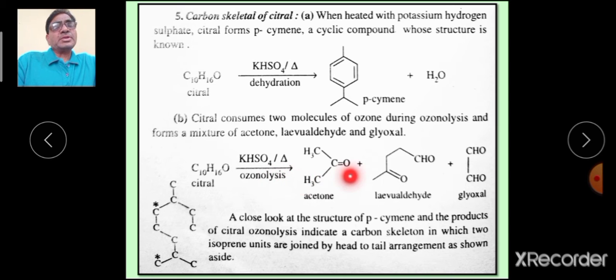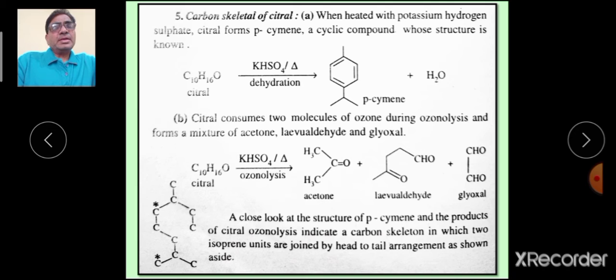The first is acetone, this is the aldehyde and this is the glycol. Taking a close look at the structure of paracymene and the products obtained on ozonolysis, we can have the carbon skeleton of citral in which 2 isoprene units are joined by head to tail arrangement.